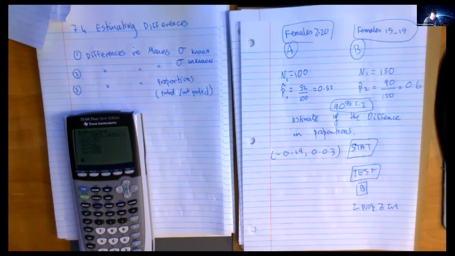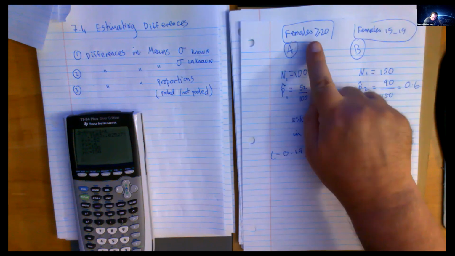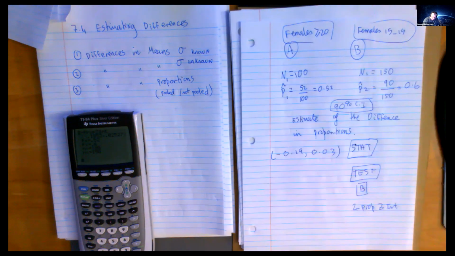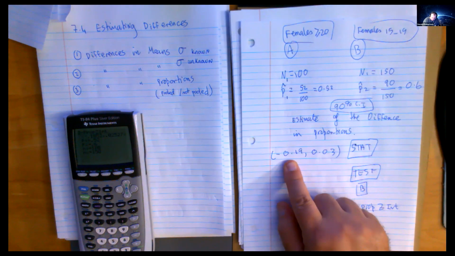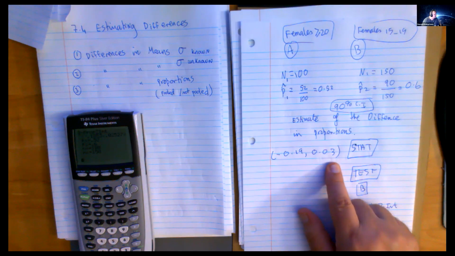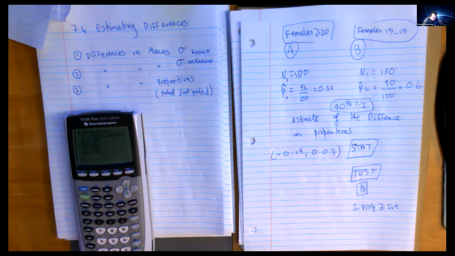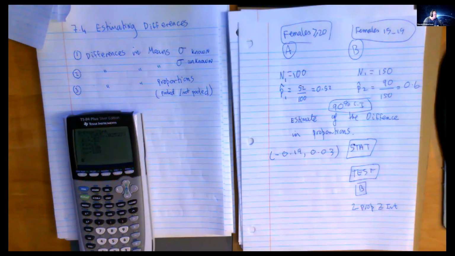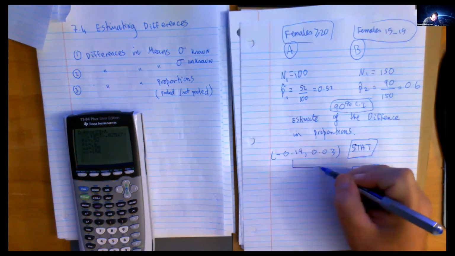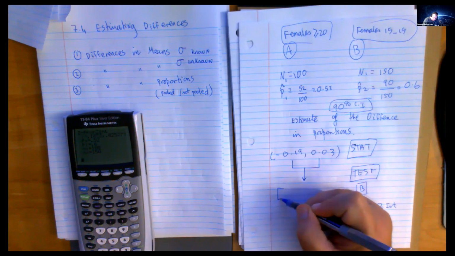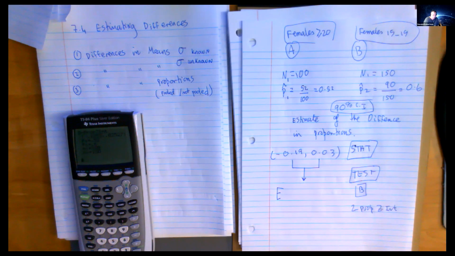So our estimate for the difference between older females and teenagers is either negative 19% all the way up to positive 3%. Doesn't that mean that based on this set of data, you can't really tell for sure one way or the other? Does one group prefer sweet chocolate more than the other? So it's a kind of non-result.